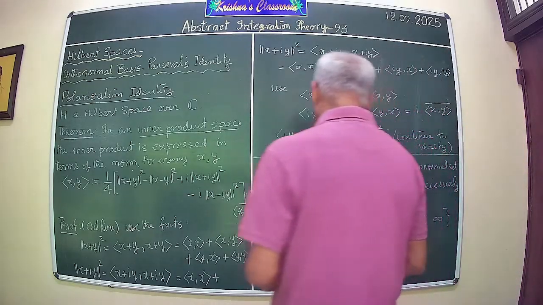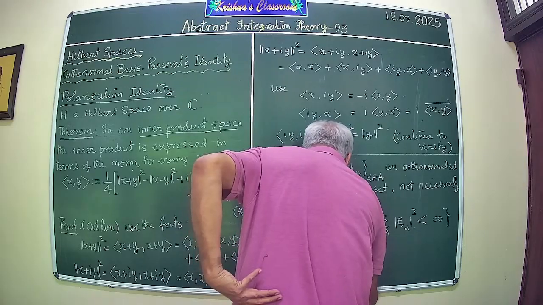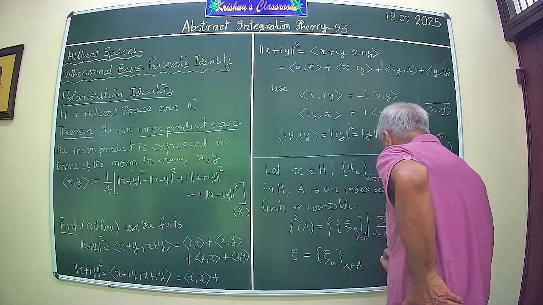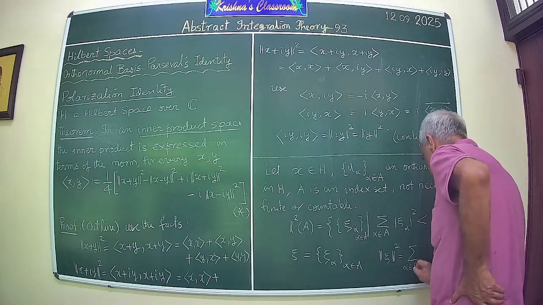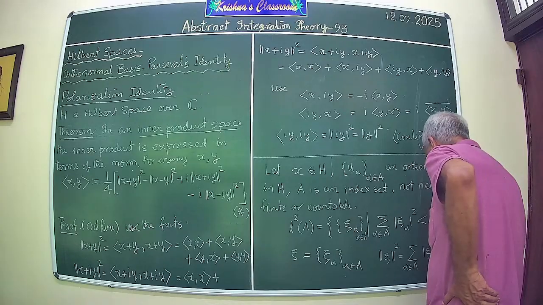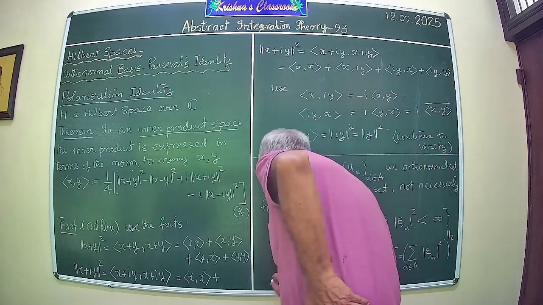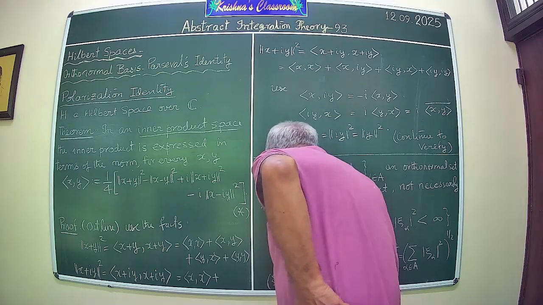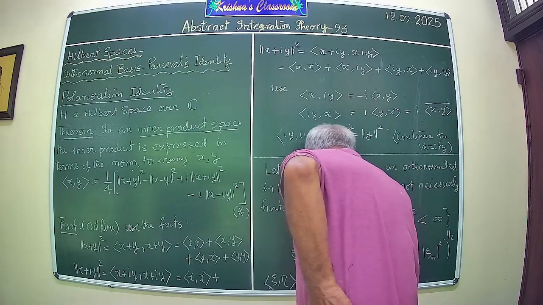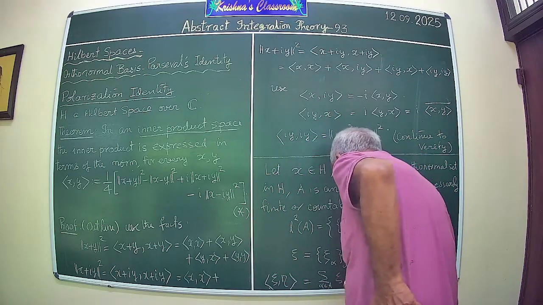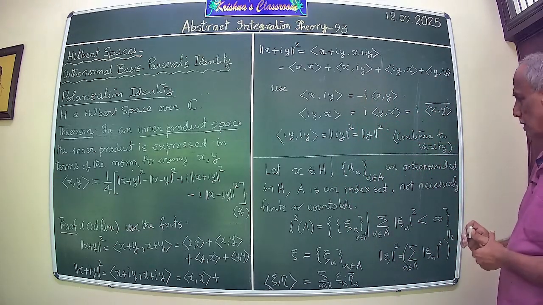Okay, so psi and eta, the inner product is actually summation over alpha in A of psi alpha eta alpha conjugate. Okay, this is what you have in L2A.